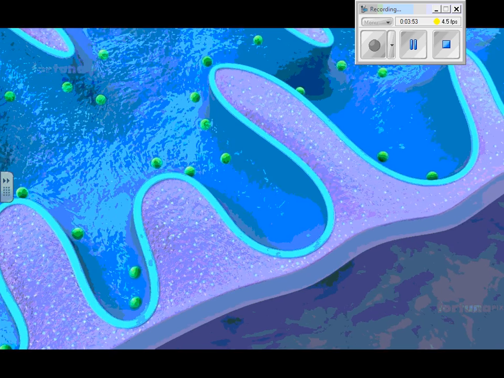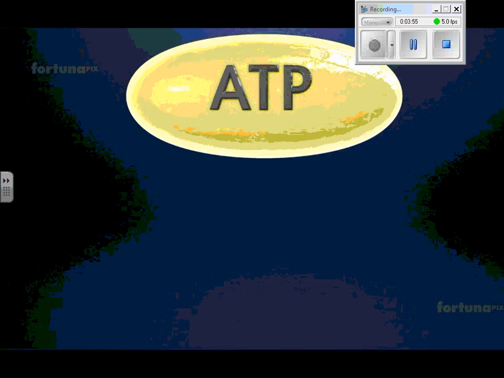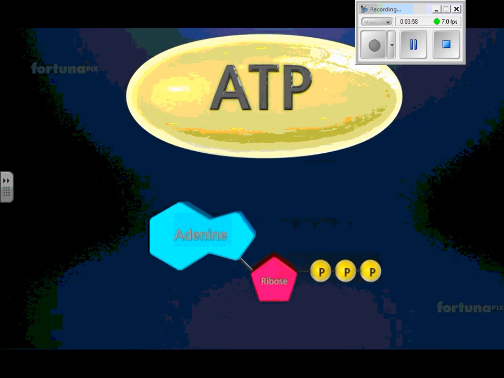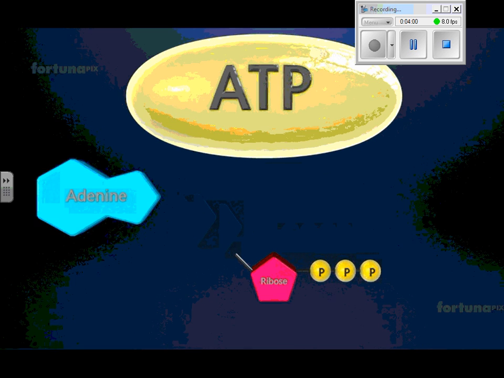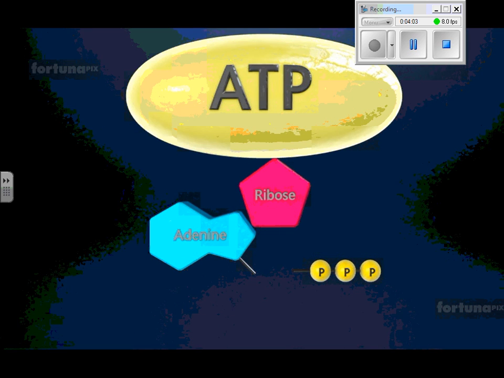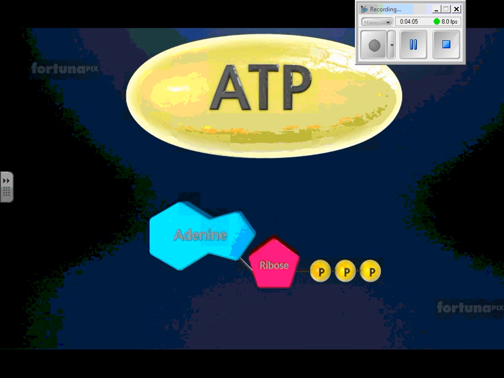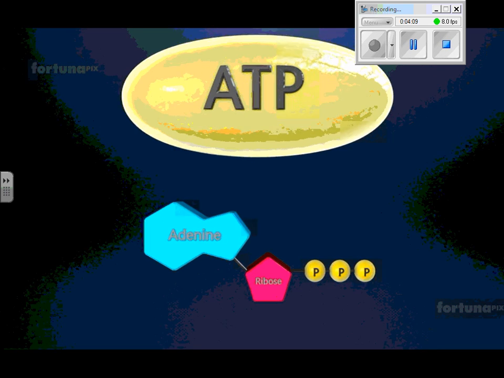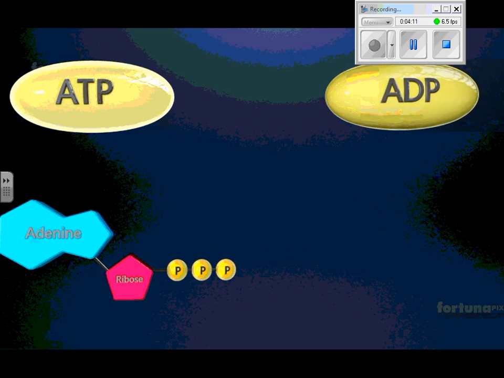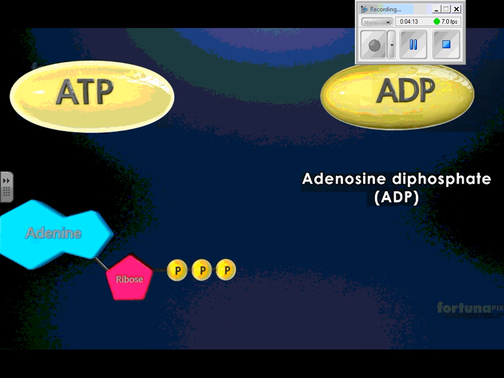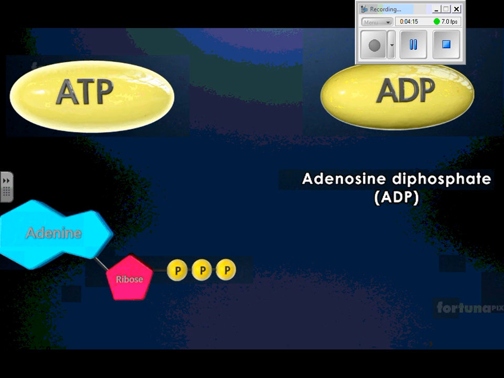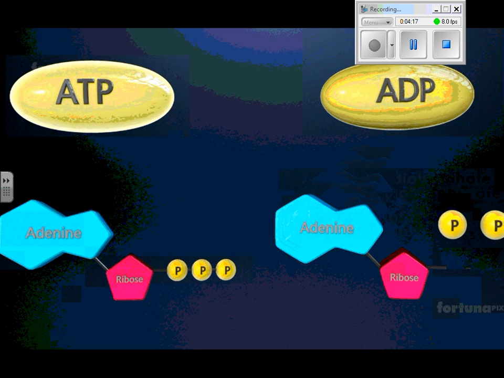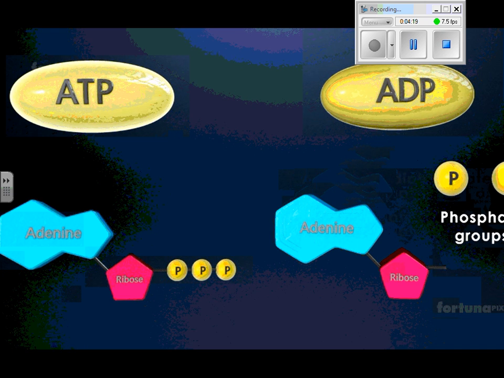ATP consists of the organic base adenine, the 5-carbon sugar, ribose, and 3 phosphate groups. There is a second chemical substance, adenosine diphosphate, abbreviated as ADP, which contains only 2 phosphate groups, instead of the 3 found in ATP.